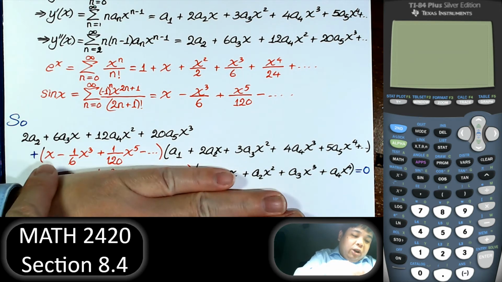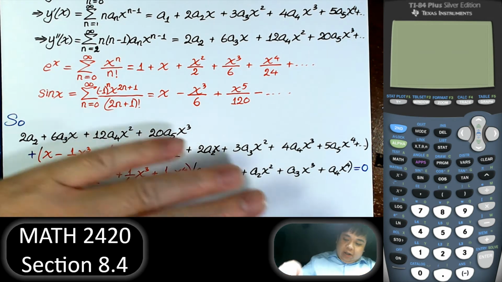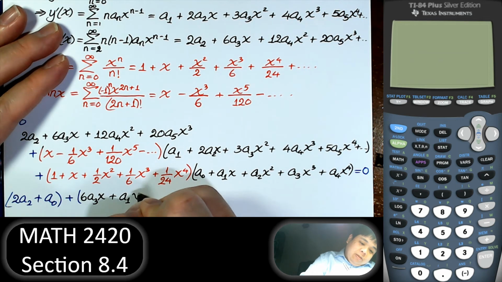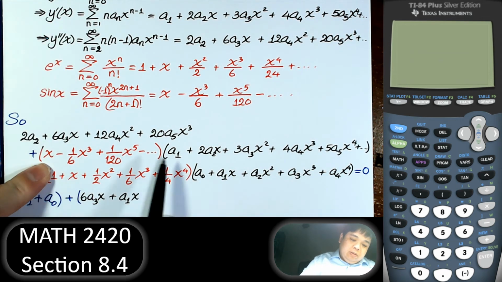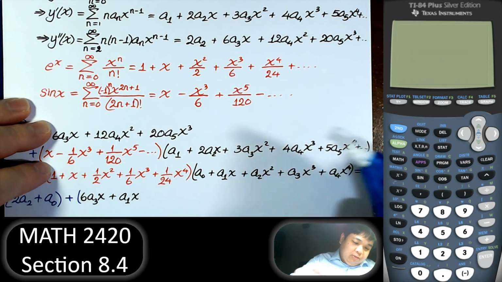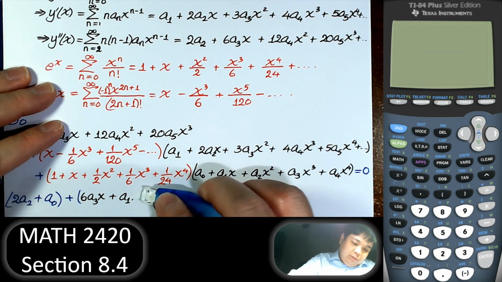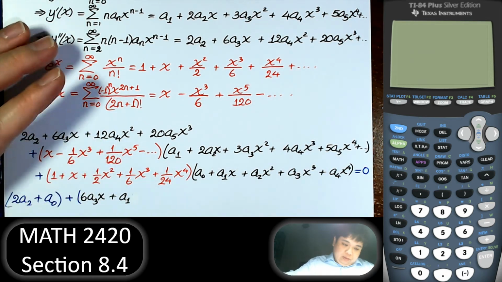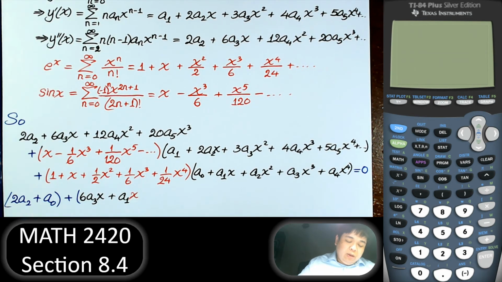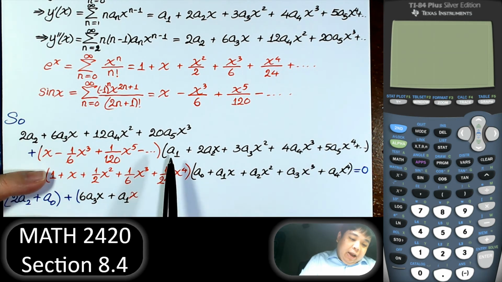The only way we can get x is if we take x times a1, so plus a1x. And that's all we have.